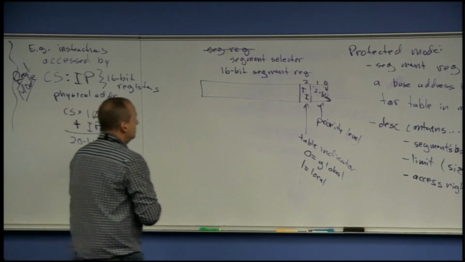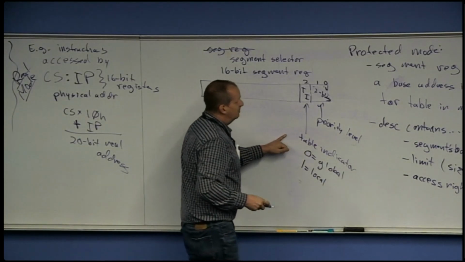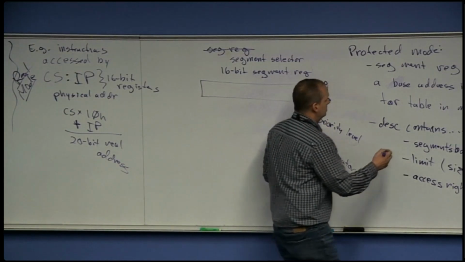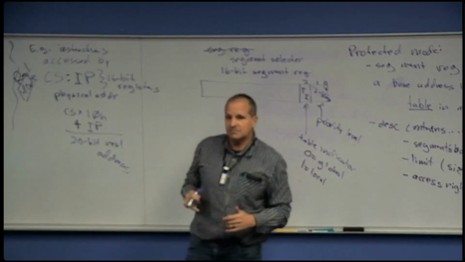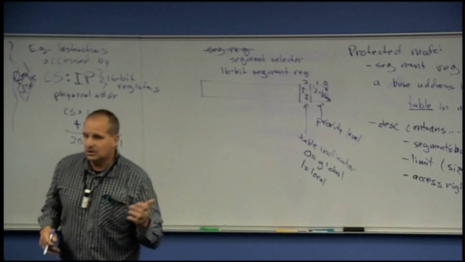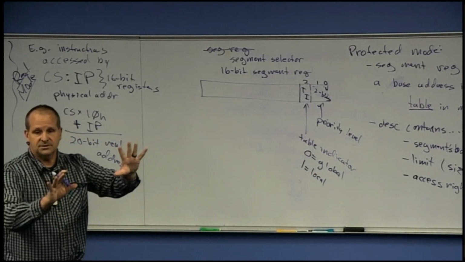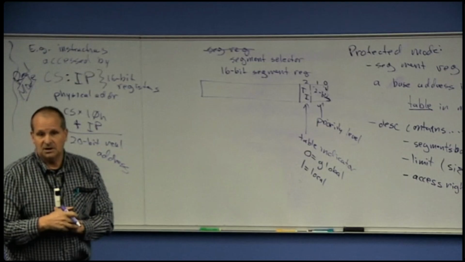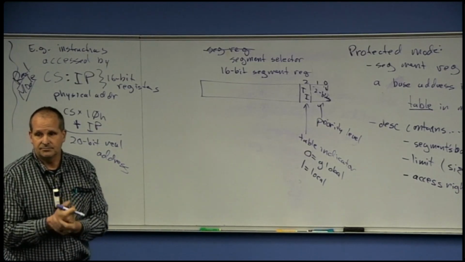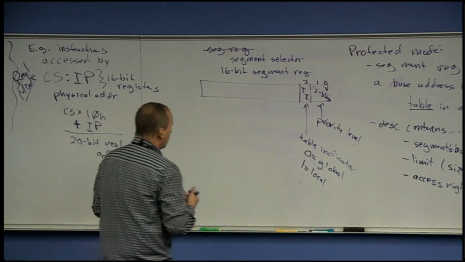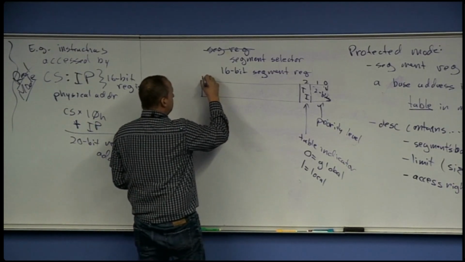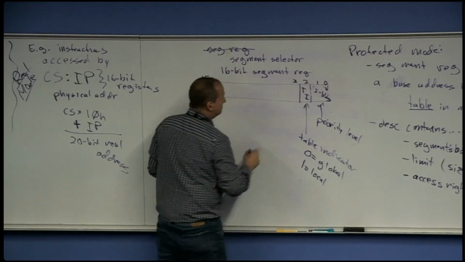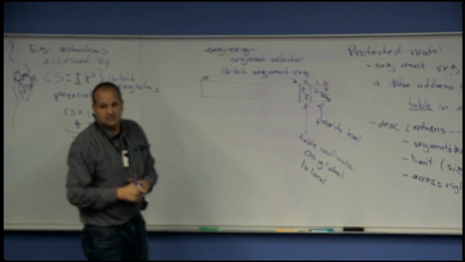There's a global descriptor table and a local descriptor table set up by the operating system. They are two different things separated in memory. They do not overlap. The other 13 bits, bit 15 all the way down to bit 3, if you do the math, that's 13 bits.